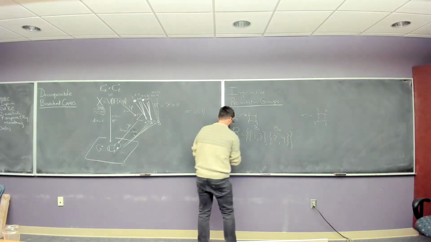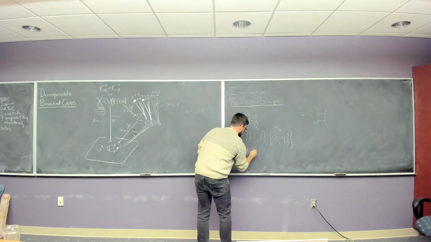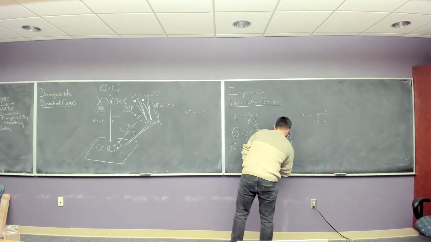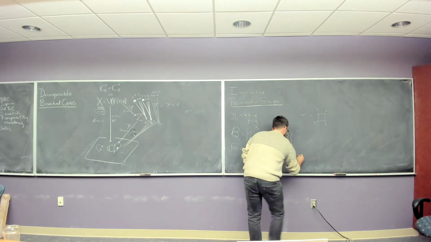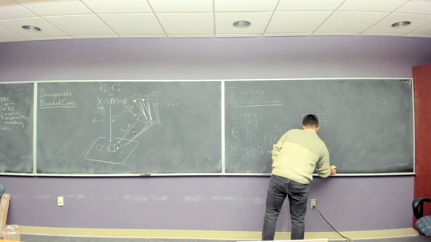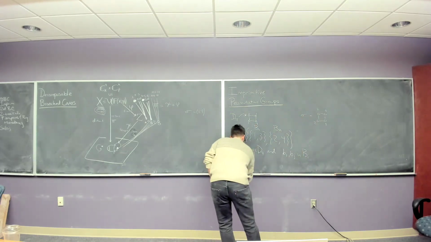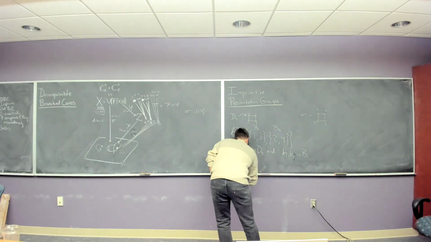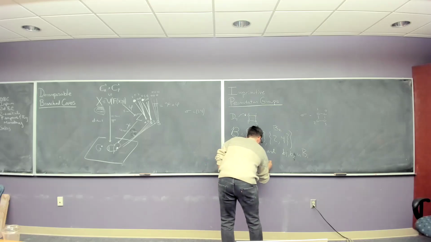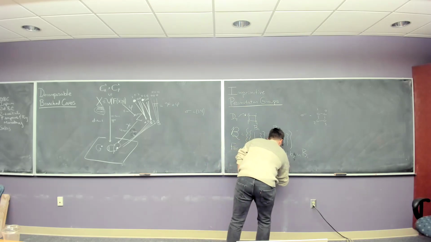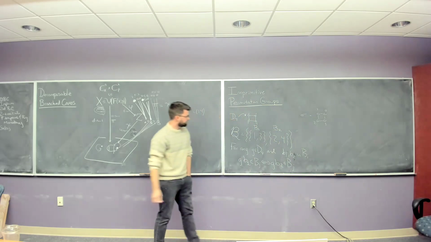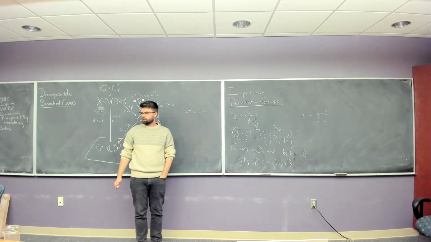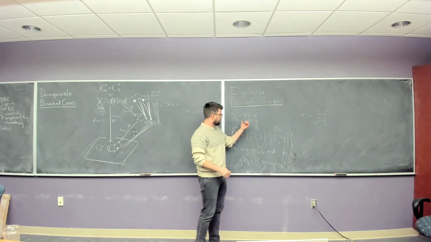So in other words, my permutation group doesn't just act on this set of 4 elements.